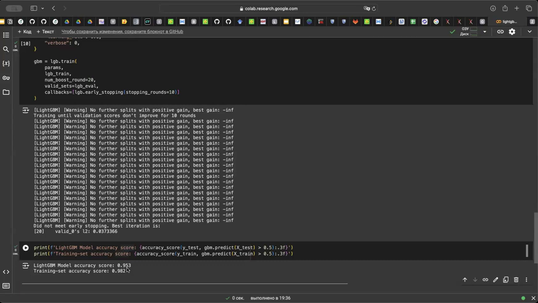So first of all, we need to establish that the overfitting has started. So how do we do this? Okay, let's imagine that you are training some model.